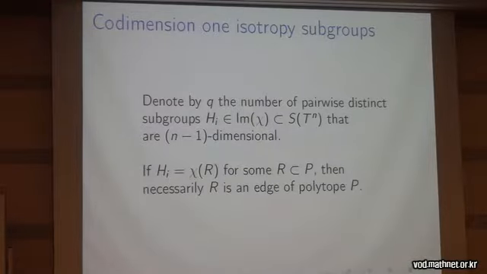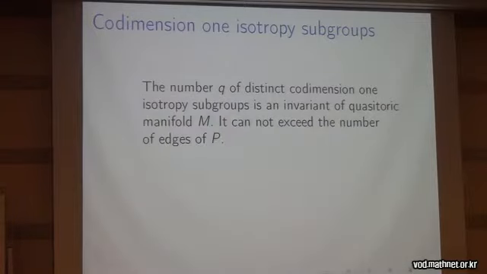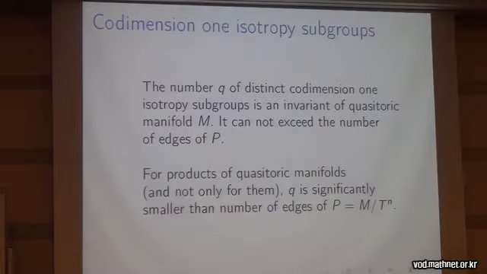Clearly each isotropy subgroup of dimension n-1 corresponds to some H, but the number q of distinct codimension 1 isotropy subgroups clearly does not exceed the number of edges, but it can be significantly smaller. It's obvious for, say, cubes or products of polytopes, but not only for them. And we'll have an example of the Stasheff polytope.